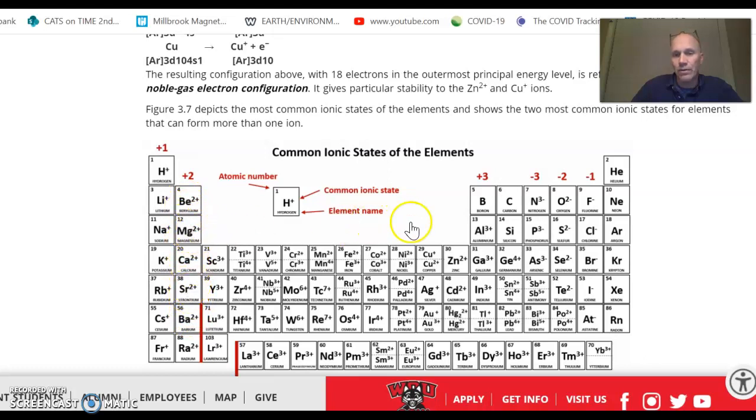And then if you consider aluminum being right next here to magnesium, it's +3. But notice that the common charges on the ions in the transition metal region are very varied. And so this makes determining the formulas of these compounds a little bit more complicated.